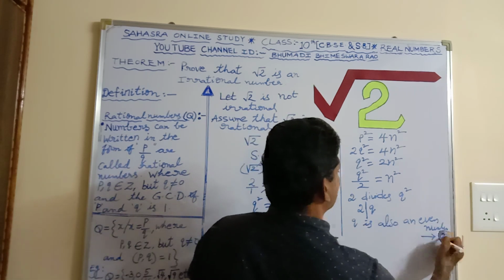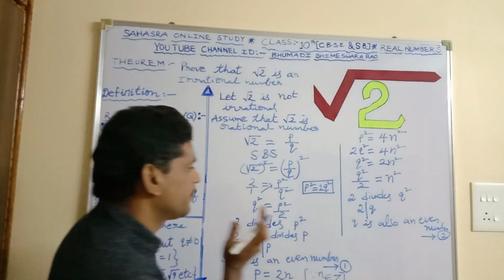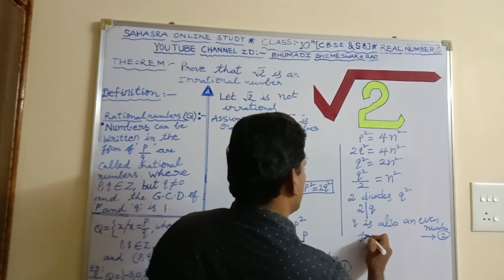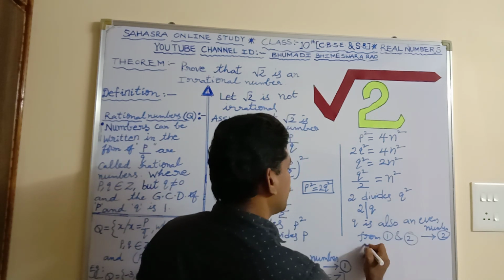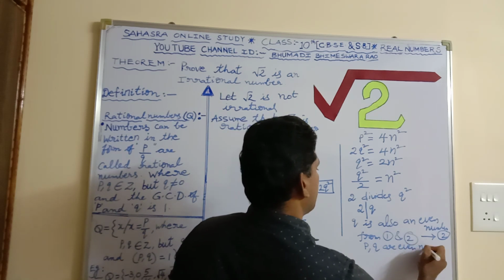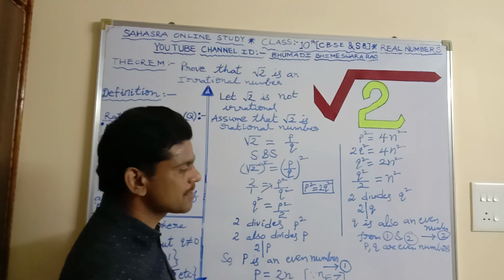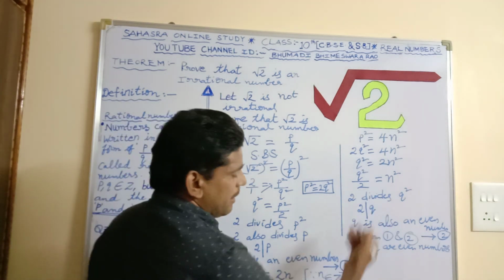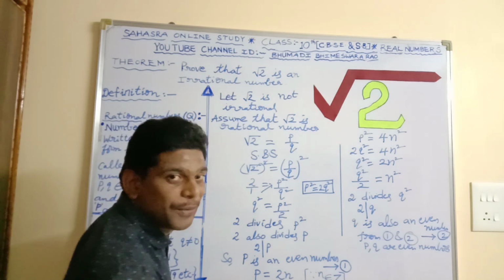Let it be the result 2. Okay, from 1 and 2, p, q are even numbers. Even numbers means they have 2. 2 is a common factor of p and q.